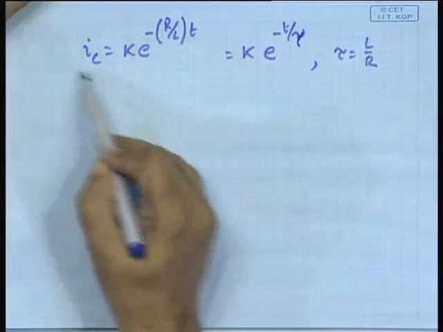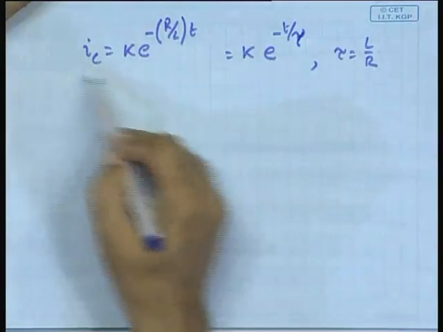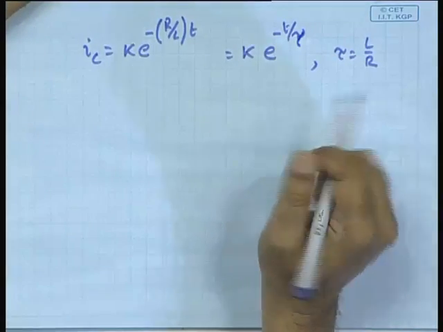Okay, so the complementary function will be of this form. Again we will have to find k the same way depending on the initial condition.